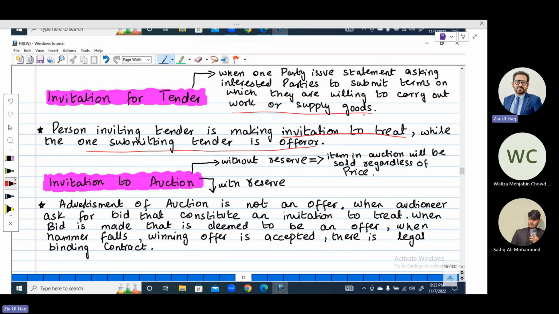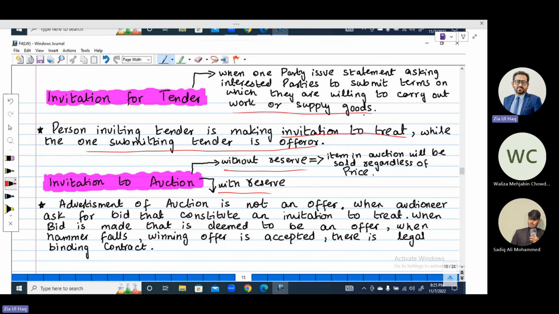They will offer different prices and the person who offers the highest price, you will sell the product to them. So that is called an auction. And an auction is of two types, with reserve price and without reserve price.